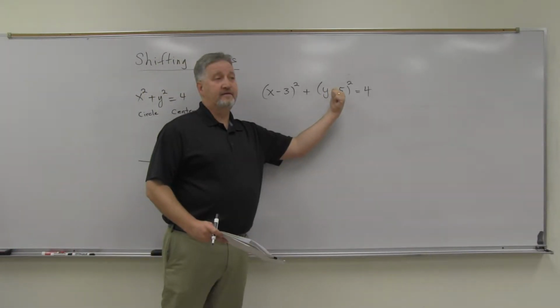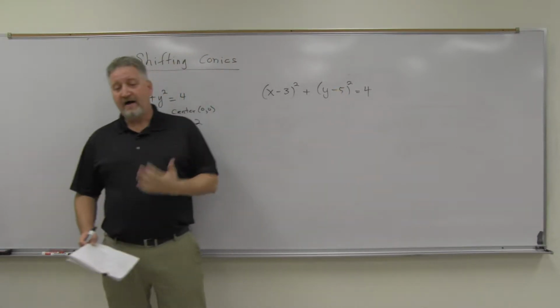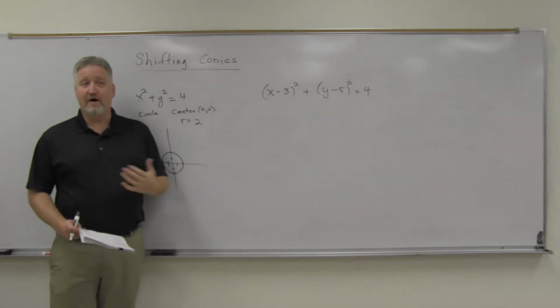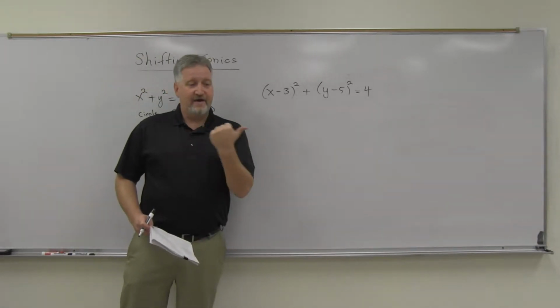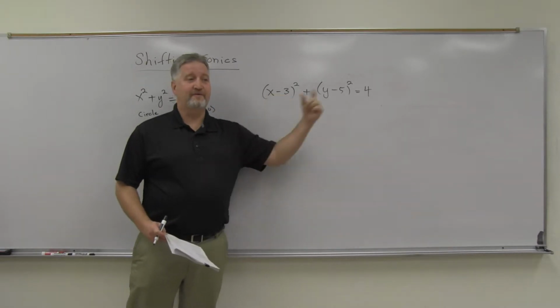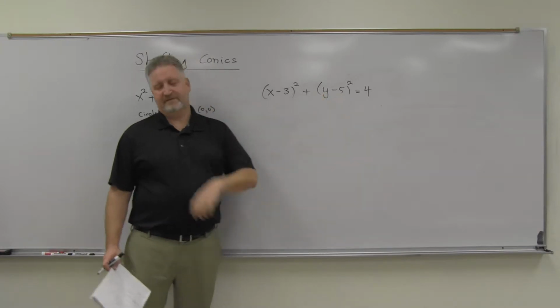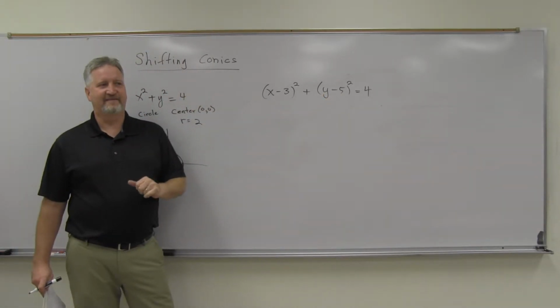Now, we've got a y minus 5. Obviously, that's not going to shift it right or left because it's subtracted from the y, but the x makes it go right or left. So guess what the minus 5 with the y makes it do? It makes it go up or down. Which does the minus 5 do? It goes up.